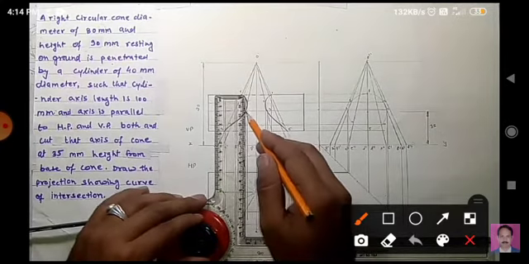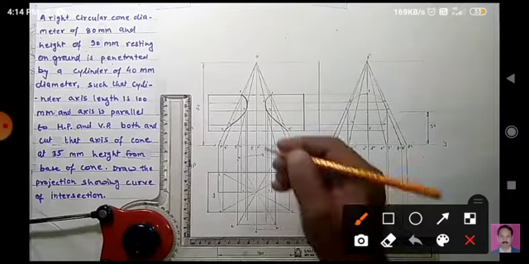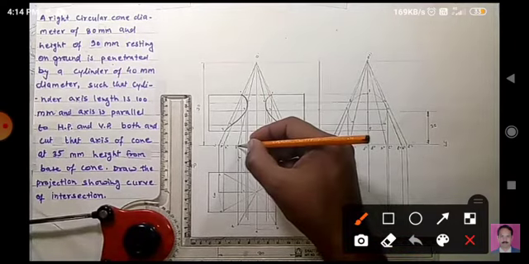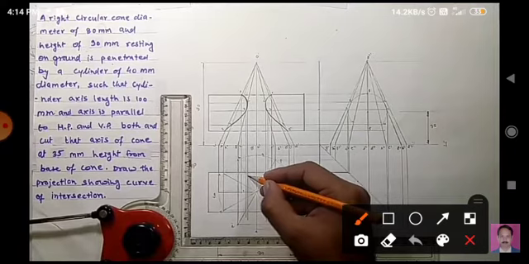Take all the vertical projections on the top view. Don't get confused, because there will be lots of vertical projections and horizontal projections also. Okay, so name all these points properly.